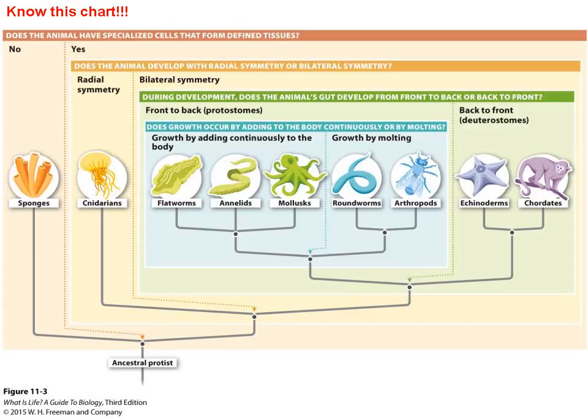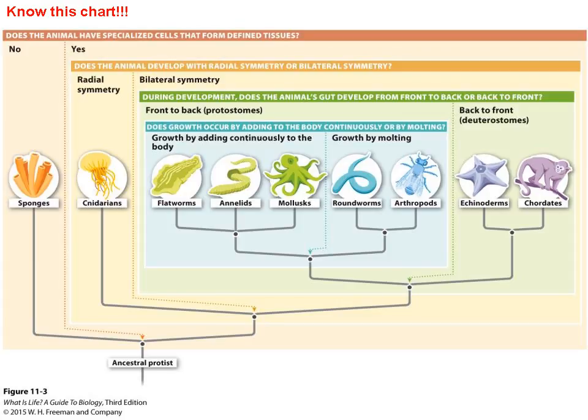So characteristic 1, the question is, does the animal have specialized cells that form defined tissues? A tissue is a group of cells with a common structure and function. Think of our lungs versus our heart. Those are 2 different tissues. If an animal has no tissues, then we do not need to ask any further questions because we know we can put it in the phylum Porifera, better known as sponges.